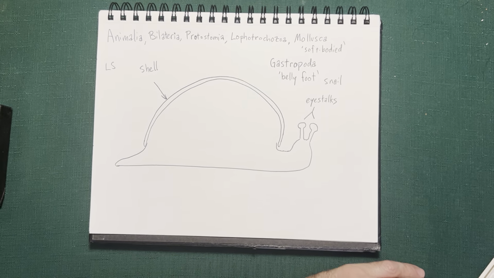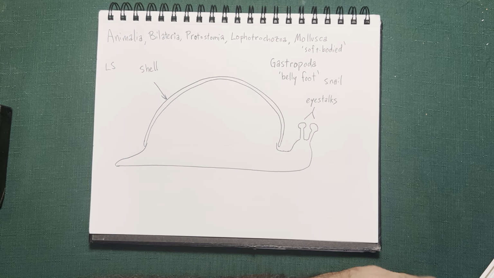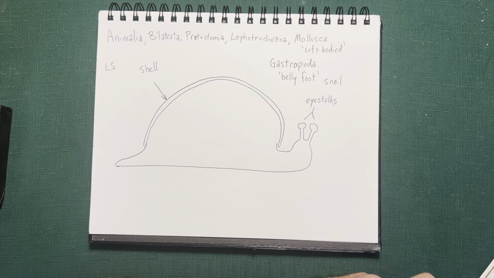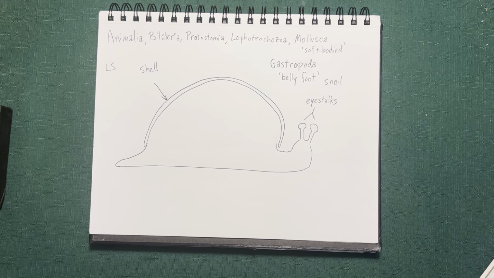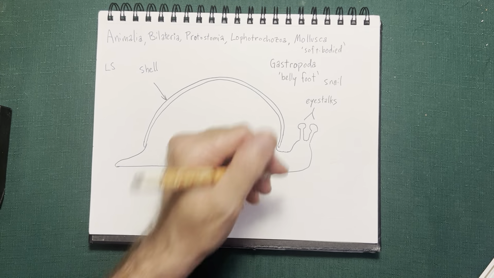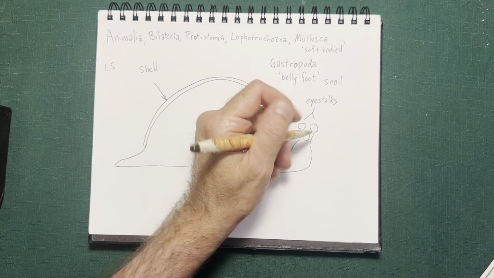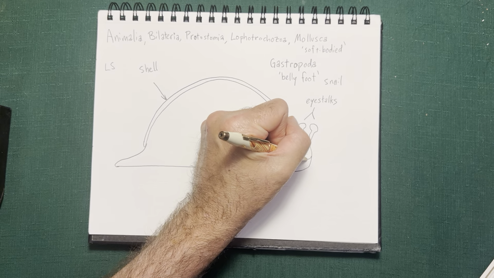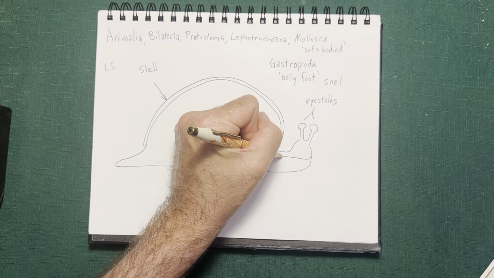And they do have eyes, though they're not quite image-forming eyes yet, although there are some mollusks that do have image-forming eyes. We will see later. But we're not quite at that point yet.